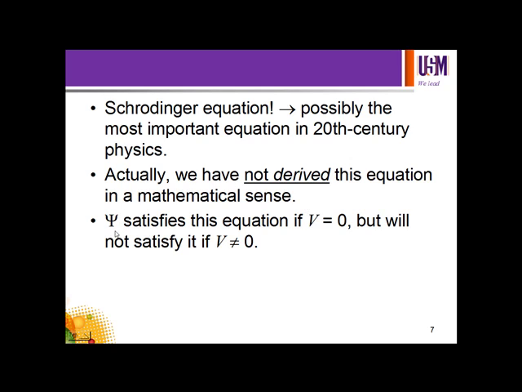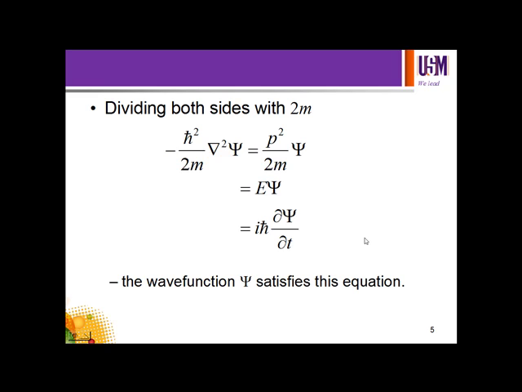However, you can see that psi satisfies the equation if V equals 0, because initially V was not there. When we showed the first equation, the initial form of the equation, we said that the wave function psi satisfies this equation here without any potential.